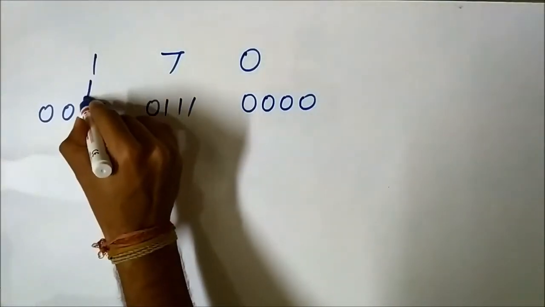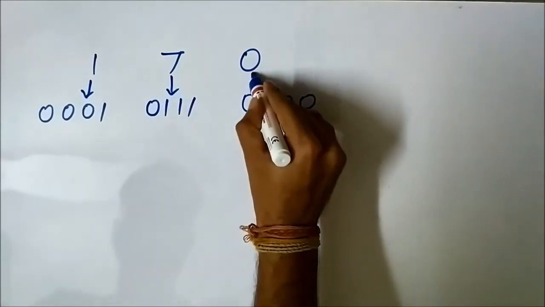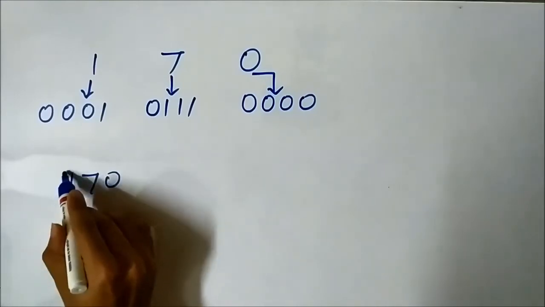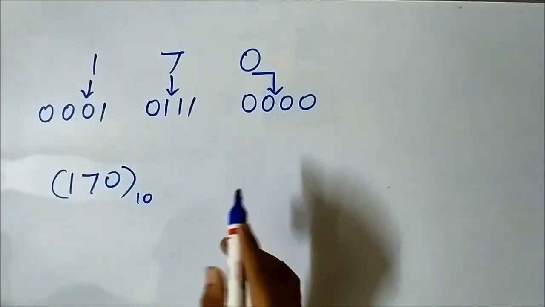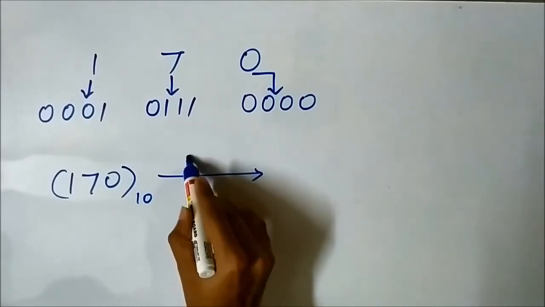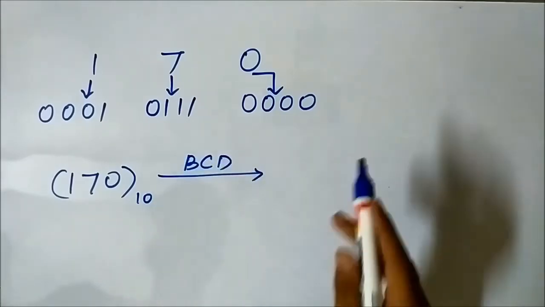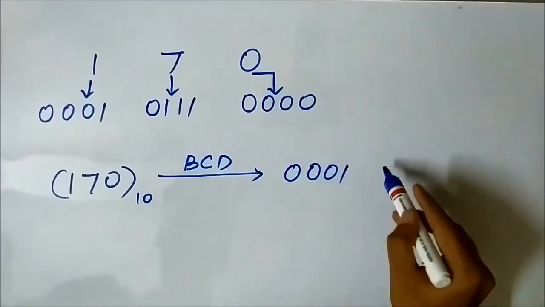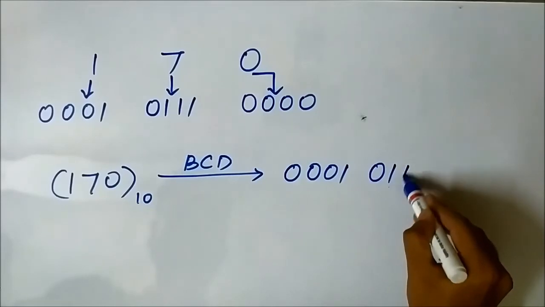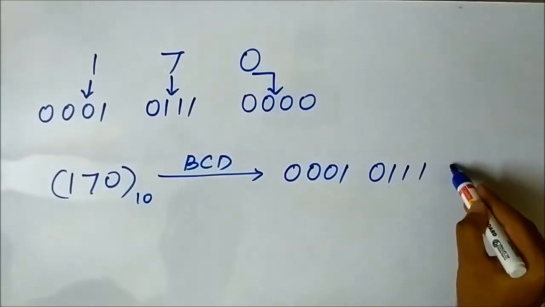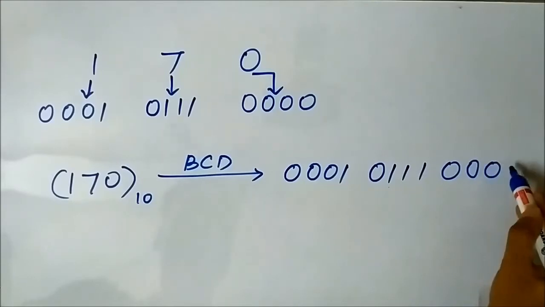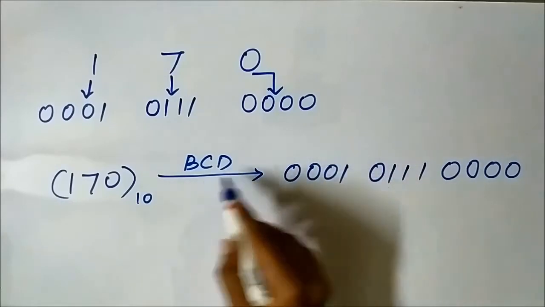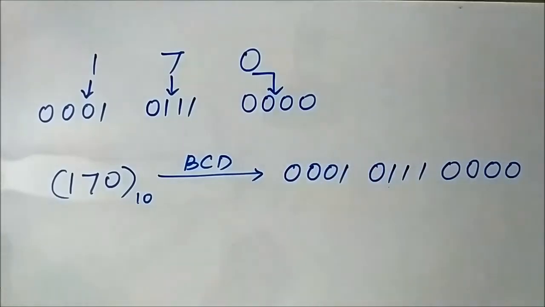So the decimal number 170 in BCD system can be written as 0 0 0 1 0 1 1 1 0 0 0 0. This is the equivalent BCD code.